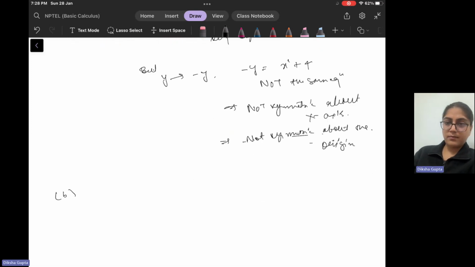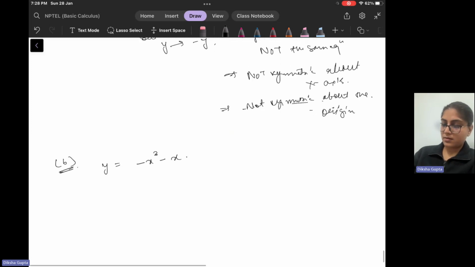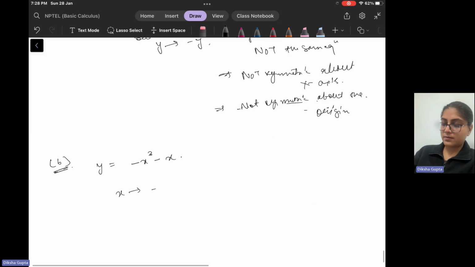Okay, b part: y equals minus x cube minus x. Now x replaced with minus x, we get y equals minus of minus x cube minus of minus x. So what do you get?